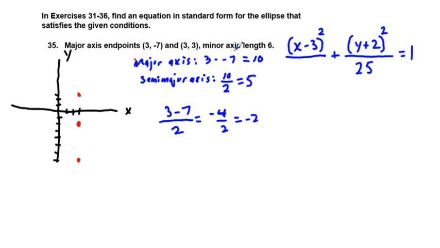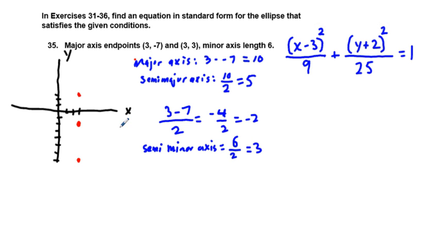And our minor axis length is 6, so the minor axis is going to be equal to our semi-minor axis, what we're trying to find for the equation. Semi-minor axis is our minor axis divided by 2, which is 3, and 3 squared is 9.